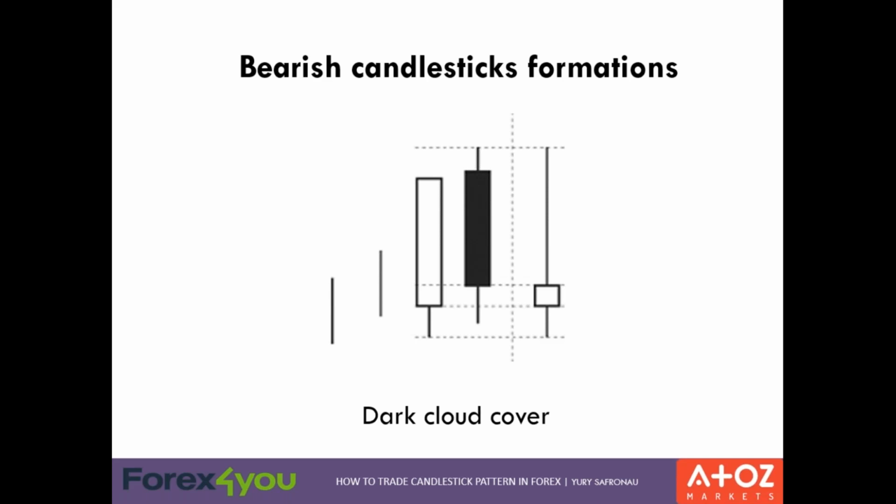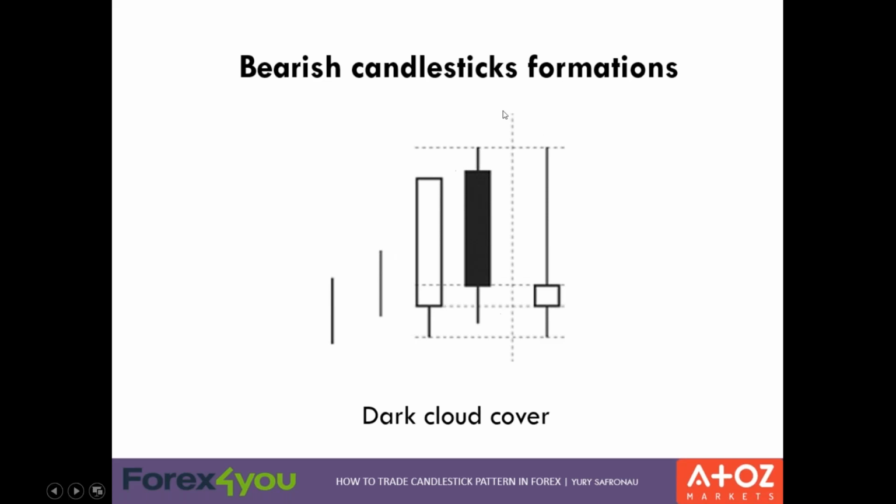The dark cloud cover pattern involves a large black candle forming a dark cloud over the preceding bullish trend. As with a bearish engulfing pattern, bulls push the price higher at the open, but bears take over later in the session and push the price sharply lower. The takeover of the trend is a sign that there could be a near-term bearish reversal.